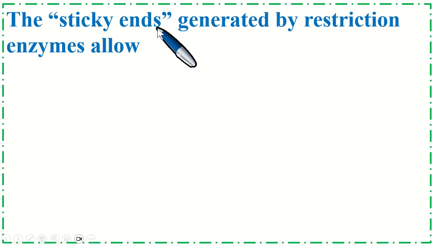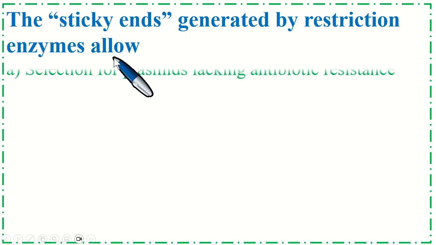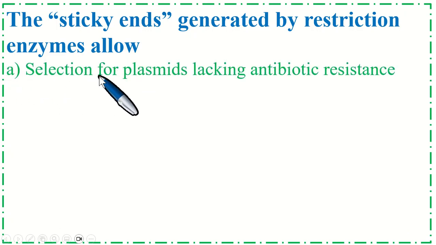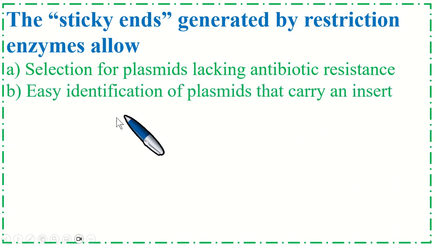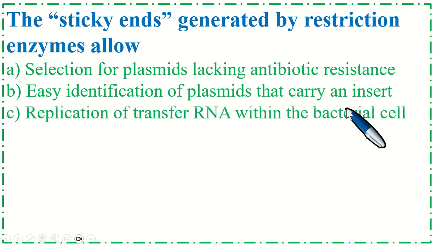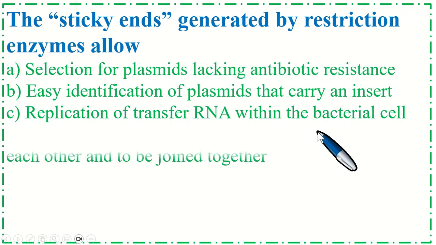The sticky ends generated by a restriction enzyme allow option A, selection for plasmids lacking antibiotic resistance. B, easy identification of plasmids that carry an insert. C, replication of transfer RNA within the bacterial cell.